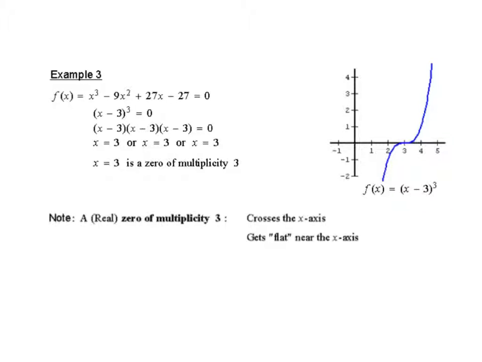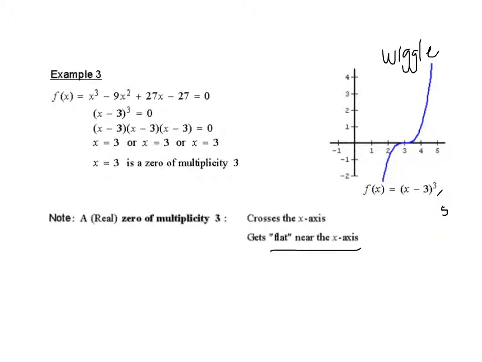Now the third example, with the multiplicity of 3, is like a wiggle. We call it a wiggle because it's descriptive that way. You can see it kind of flattens out near the x-axis. It does cross there, but it flattens out. So the flatter it is, the more odd it is. This is to the third. If it's really, really flat, sometimes it could be to the 5th.